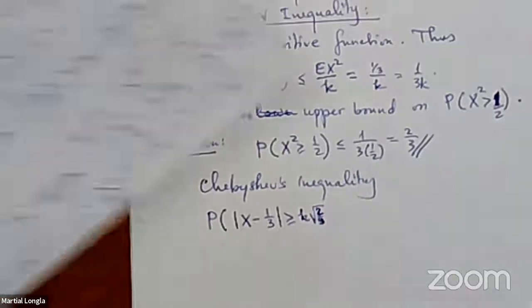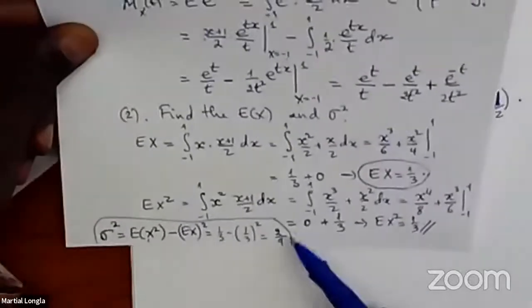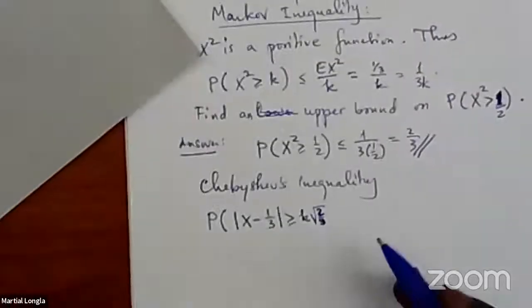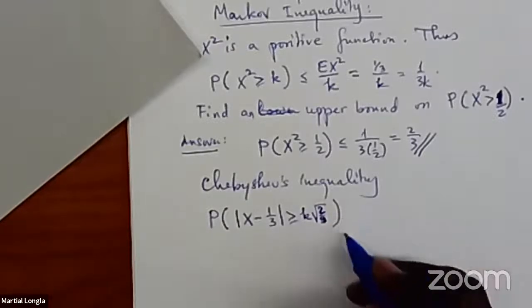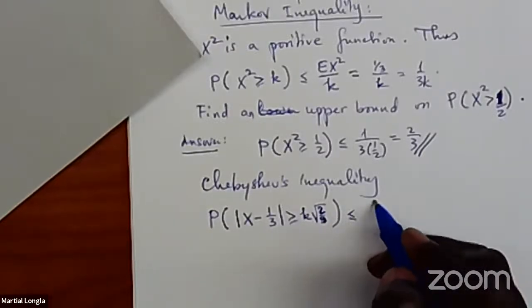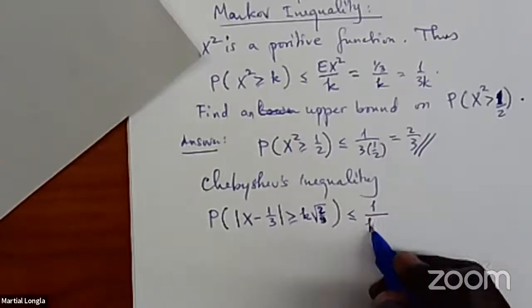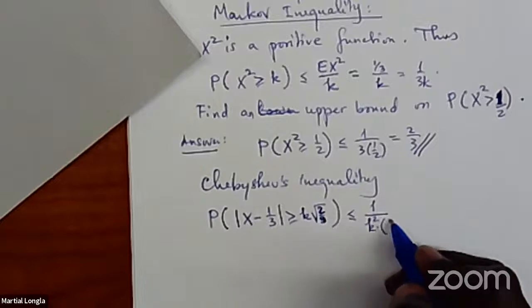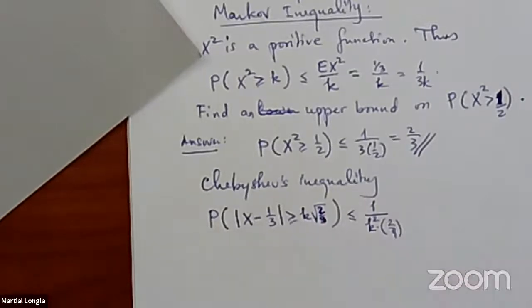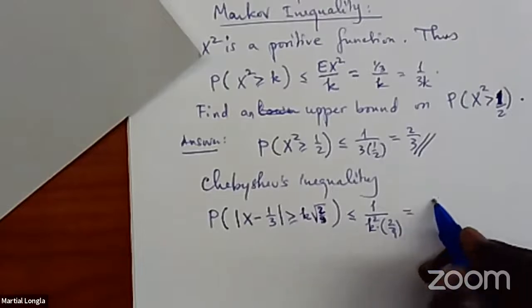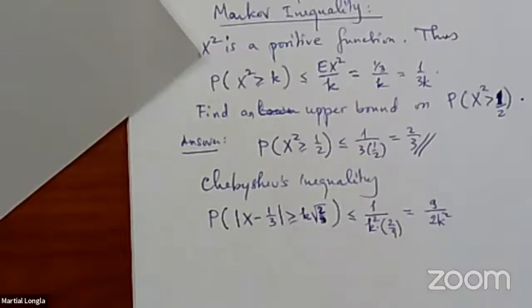We found sigma squared in this problem to be 2/9. So this probability is less than or equal to 1/k squared times sigma squared, which is k squared times 2/9, which is 9/2k squared. That's what the theorem says technically.